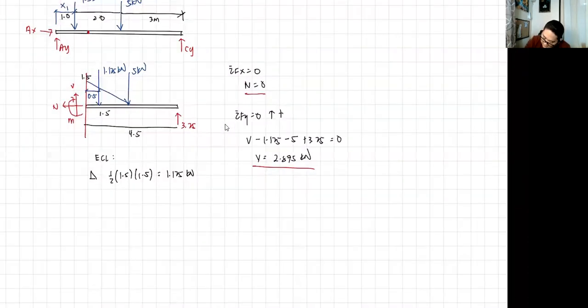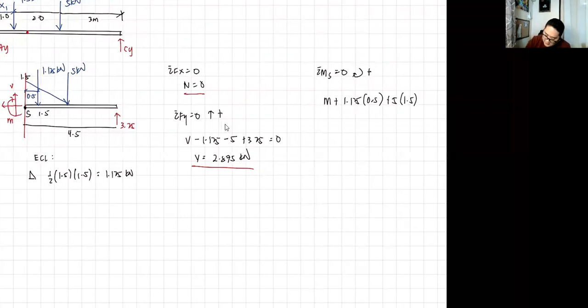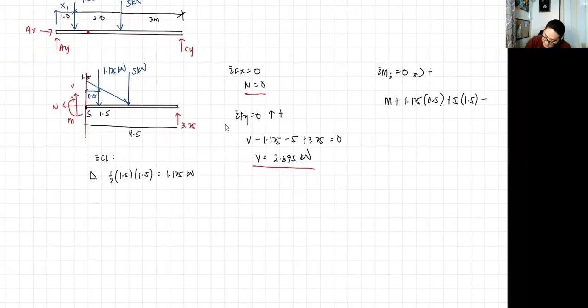Okay, and then we have summation of moment at point S equals to 0, taking clockwise as positive. So we have clockwise natin si moment plus 1.125 times 0.5 plus 1 plus 5 times 1.5 and then minus yung 3.25 times 4.5 natin. Okay, is equals to 0. So, kunin natin yung sum nun. 1.125 times 0.5 plus 5 times 1.5 minus 3.25 times 4.5.